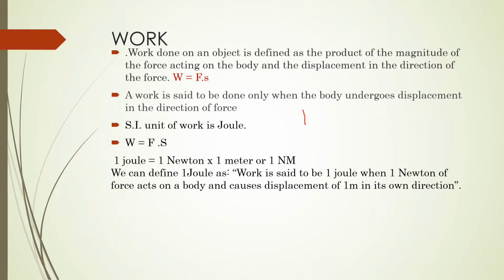So 1 joule can be written as 1 Newton meter, because work is equal to force into displacement. N stands for Newton. Newton is the SI unit of force, and meter is the SI unit of distance or displacement. So 1 joule becomes 1 Newton meter.